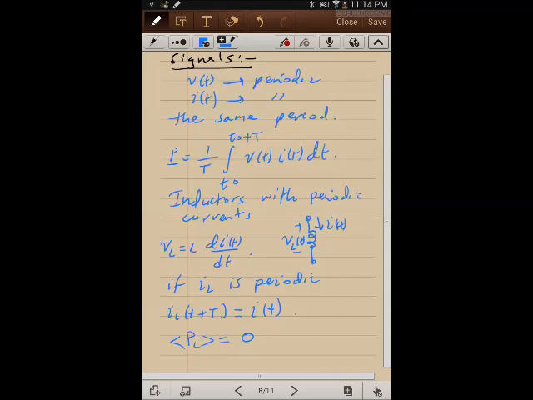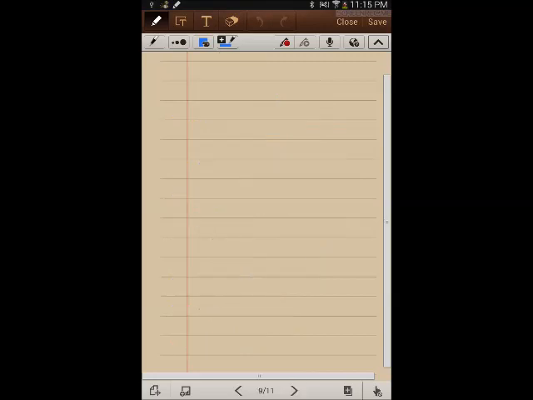It means that the average power across the inductor is 0. This is only if the current is periodic. Also, the average voltage across the inductor is equal to 0.